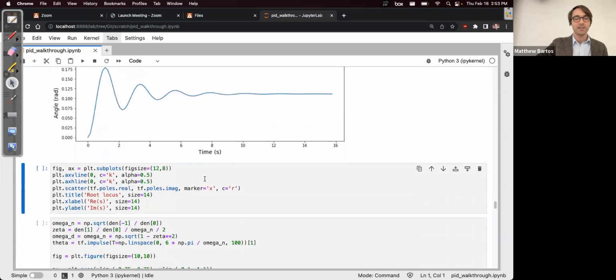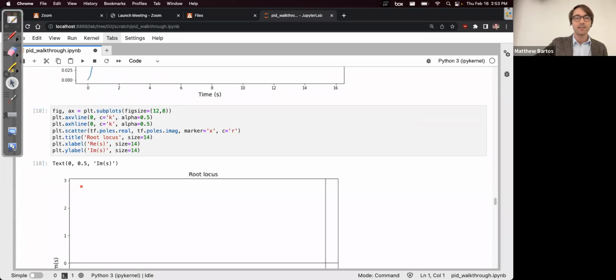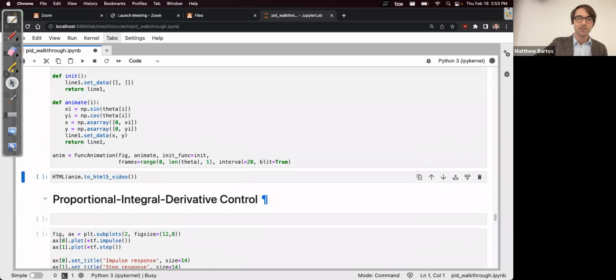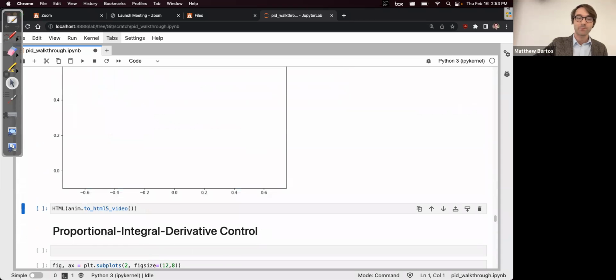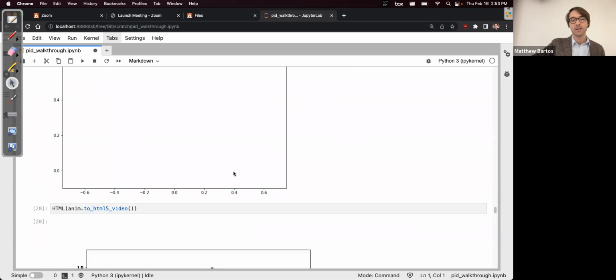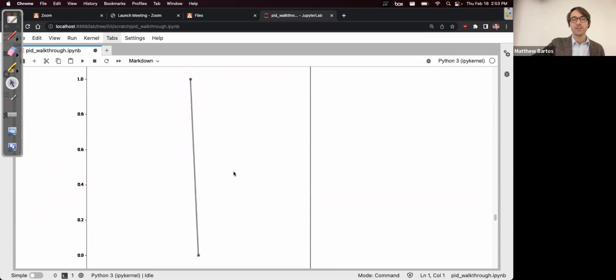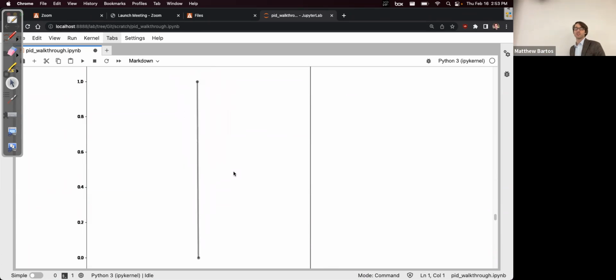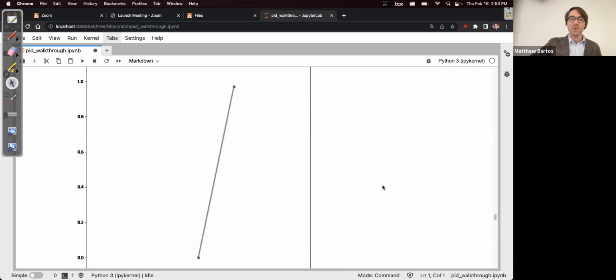We can also simulate the animation to see what it looks like. The pendulum gets hit with an initial disturbance, but it eventually corrects itself to the reference angle. So this is very similar to our mass spring damper system.